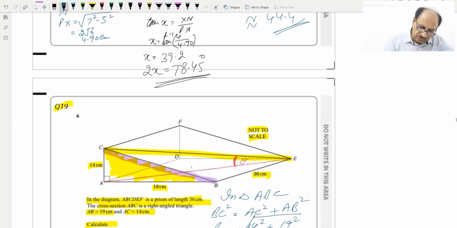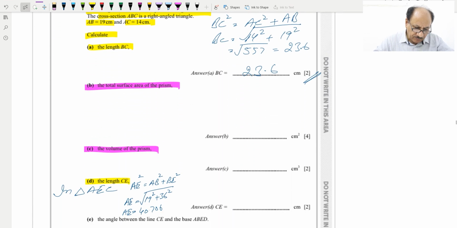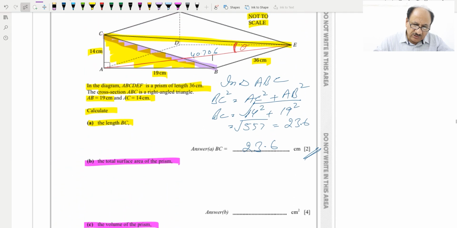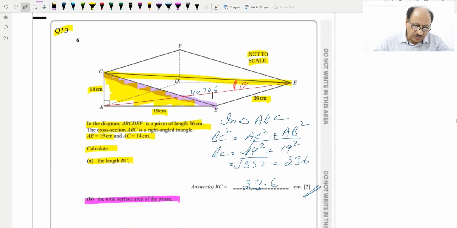Now in triangle ACE we have these two sides, so we can again apply Pythagoras theorem. CE square will be equal to AC square plus AE square.